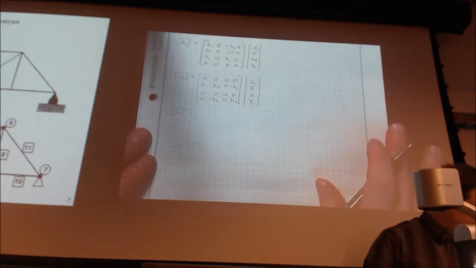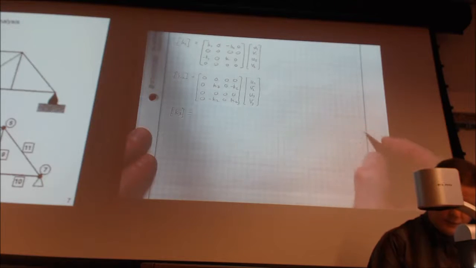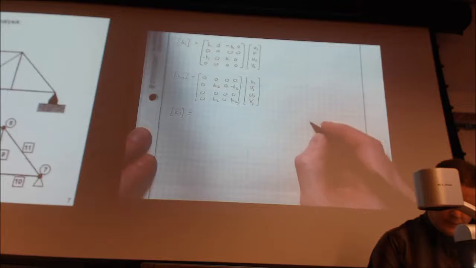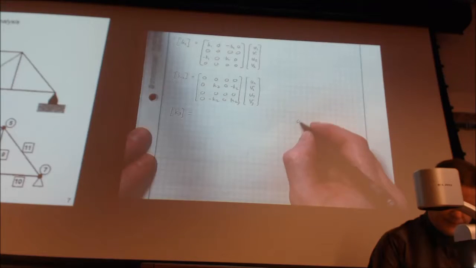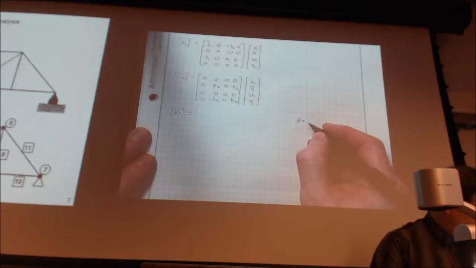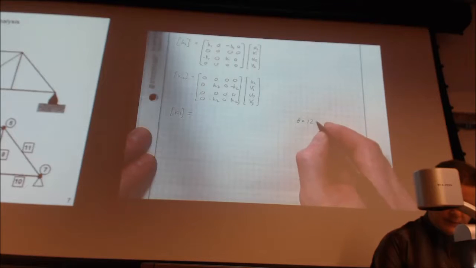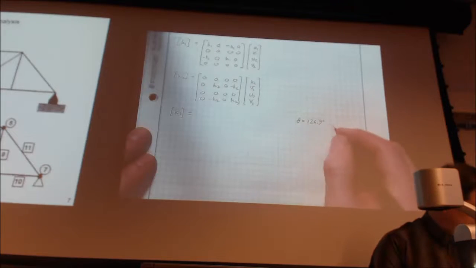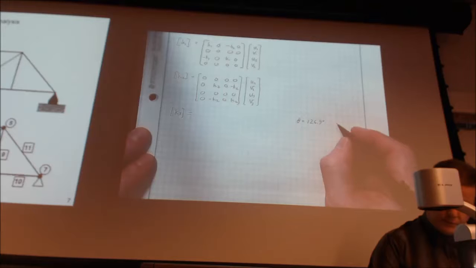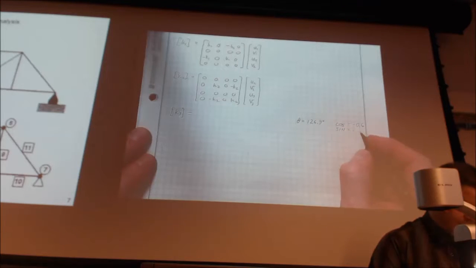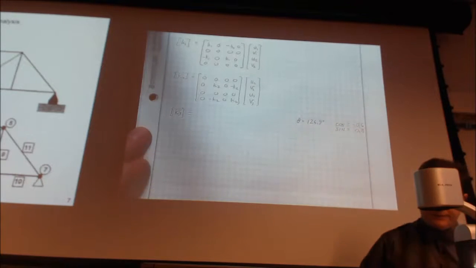So I'm just going to cheat and tell you: theta equals 126.9 degrees. So cosine of that will equal minus 0.6, and the sine of that will equal 0.8.